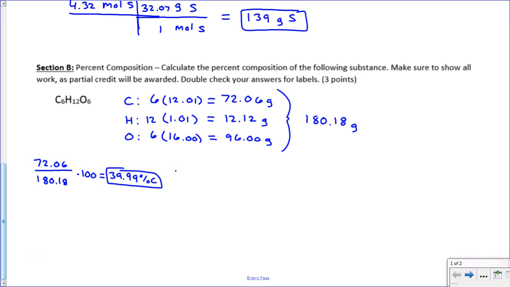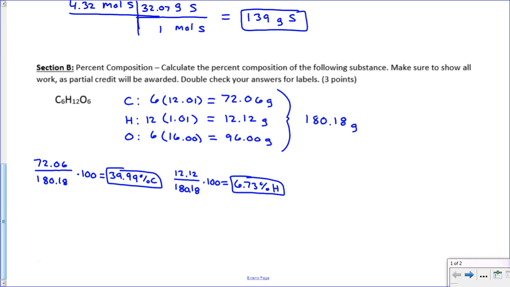For hydrogen, it's 12.12 over 180.18 times 100. And you get 6.73% hydrogen.